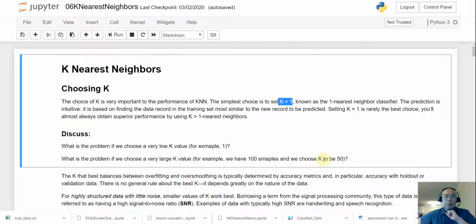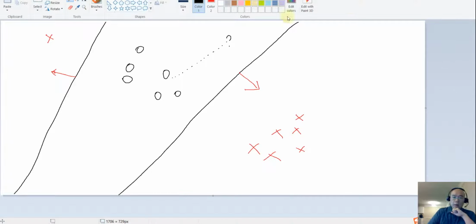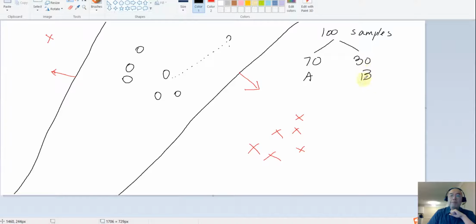The other problem is that now we are doing over-smoothing. What do I mean? Say we only have 100 samples, and let me come back to the drawing board. In these 100 samples, we have 70 of class A and 30 of class B, and we are doing the 50 nearest neighbor algorithm.